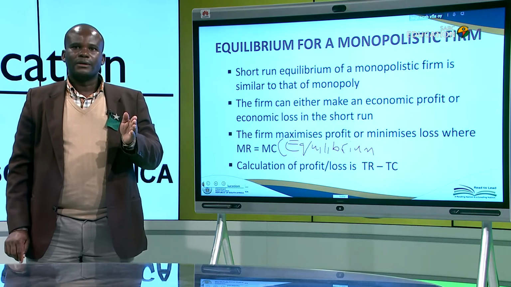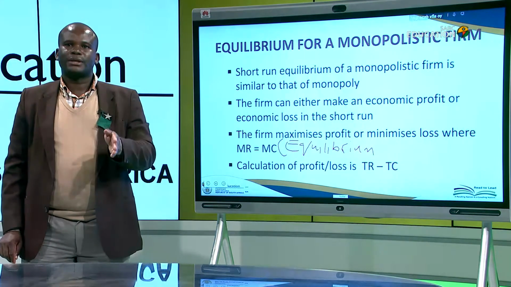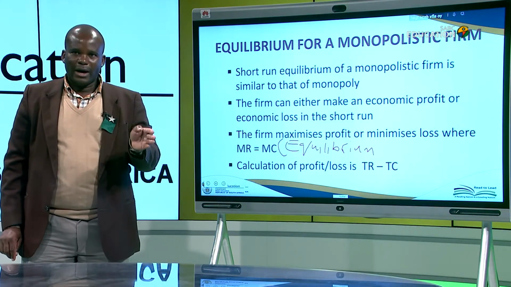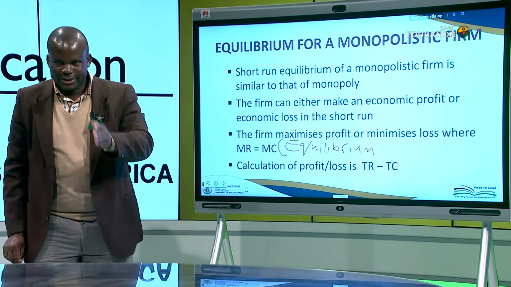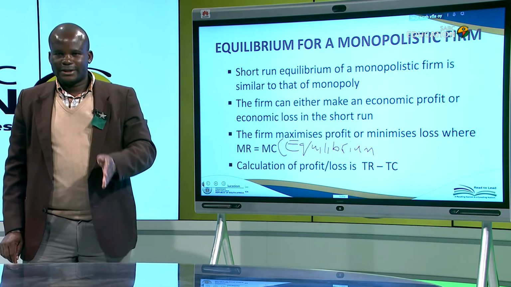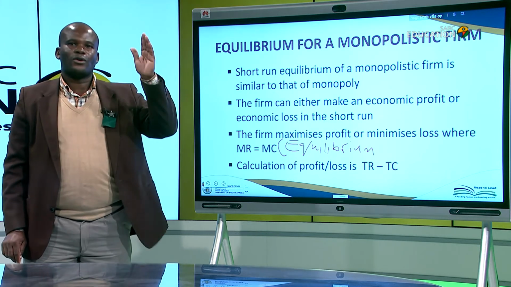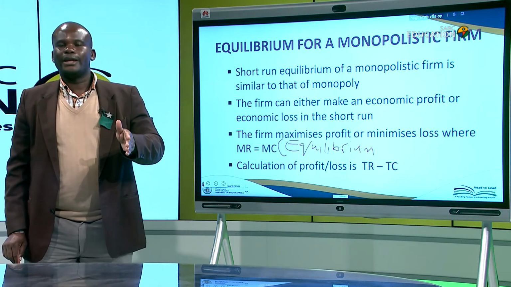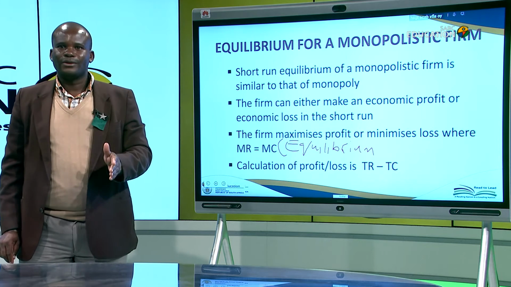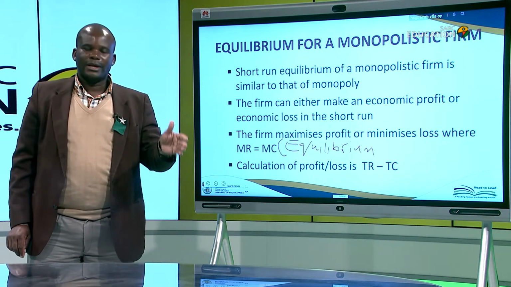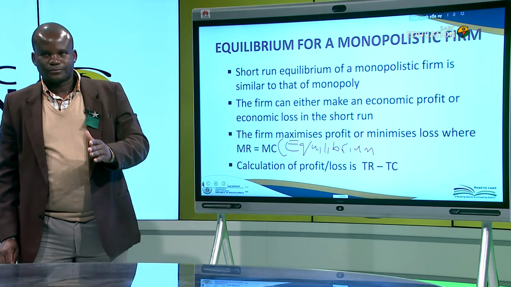The only thing that is important here is to realize that at MR equal to MC, in the short run, a monopolistic competitor can either make an economic profit or it can make an economic loss depending on their revenues as well as their costs.